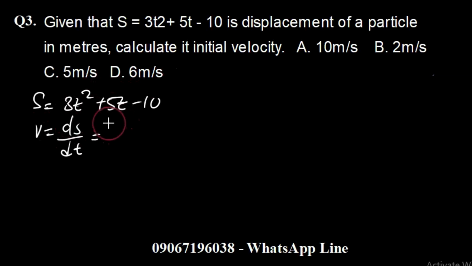So let's differentiate this with respect to t. What we're going to get is 6t plus 5.